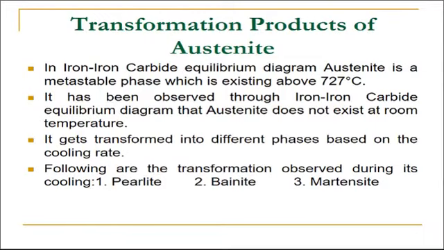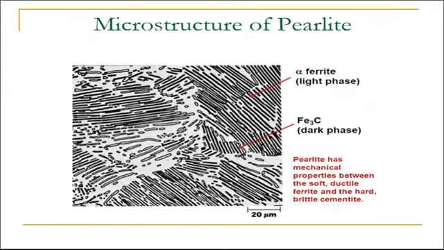So this is shown here in various steps from figure 1 to figure 5. This is the microstructure of pearlite. It includes a white matrix of ferrite, which includes thin plates of cementite, which are black in color. So the light or white phase is the ferrite phase, and the dark or black phase is the cementite phase.